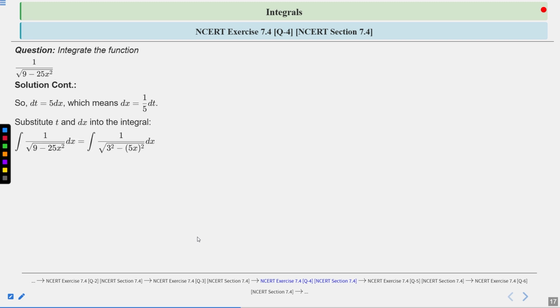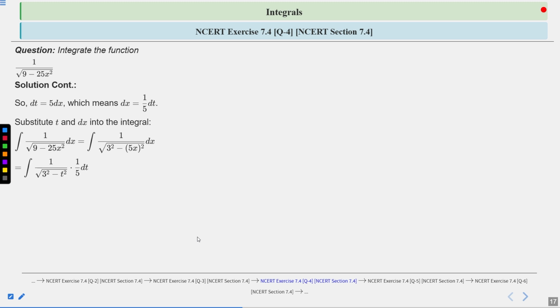So we can write the integral of 1 upon root over 9 minus 25x squared dx is equal to the integral of 1 upon root over 3 square minus 5x whole square dx, which will be equal to the integral of 1 upon root over 3 square minus t square into 1 by 5 dt.